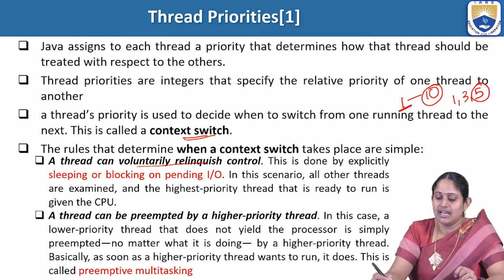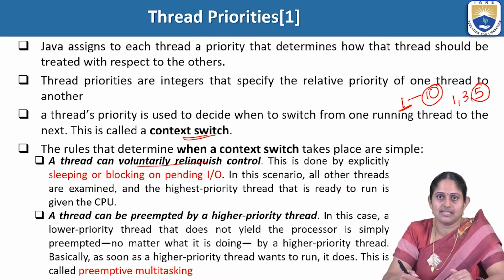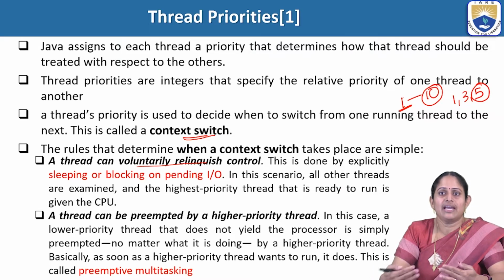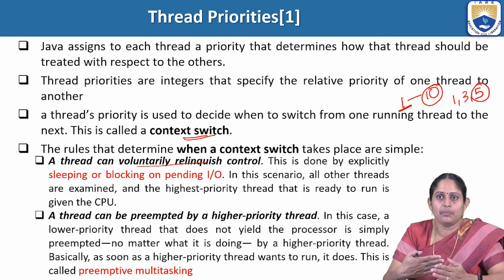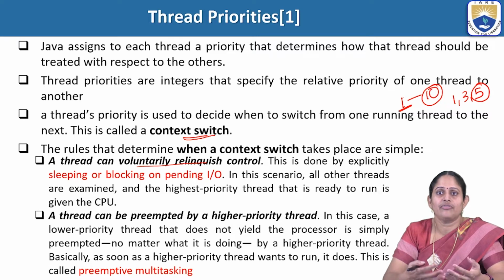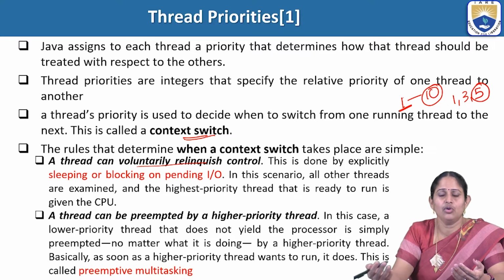Another case is that we have a lower priority thread executing, and in between a higher priority thread also comes to execution. The higher priority thread will preempt, or stop, the lower priority thread from execution. That means the control of the CPU may be taken away from the lower one and given to the higher one.